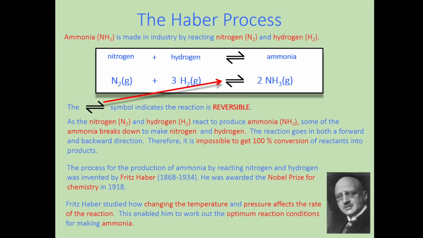And again, we don't need to go into this much detail for a National 5 course, but essentially what he realised is by changing and altering the temperature and pressure of this chemical reaction, he could vastly increase the yield of ammonia and stop it, or at least slow it down, from breaking back into the nitrogen and hydrogen. That was the real breakthrough, to try and keep this ammonia as stable as possible and to produce as much of it as possible.